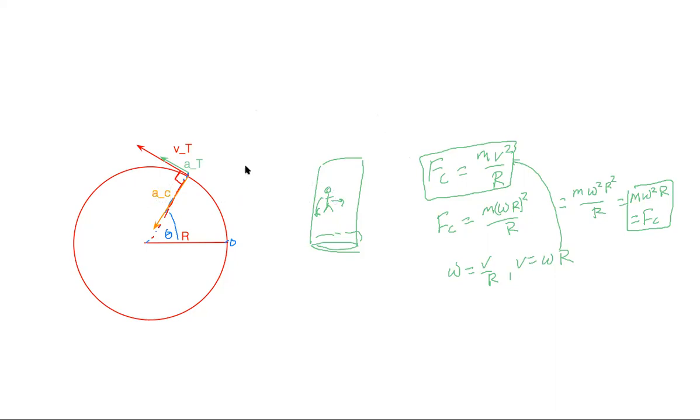Centripetal acceleration points toward the center always, which means that the force that causes it should point toward the center. That force can be normal force, as it is in this problem. That force can be tension. That force can be gravity. It can be electrostatic force, but typically something that's going to be some sort of pushing or pulling toward the center. Okay.